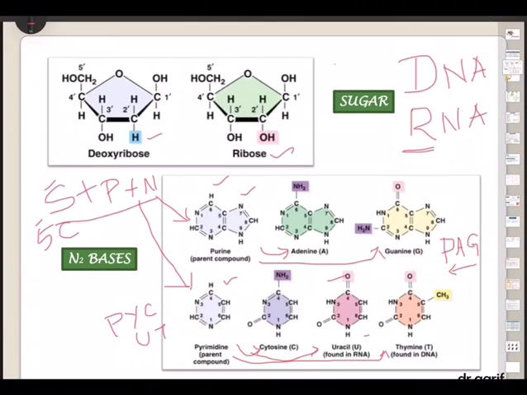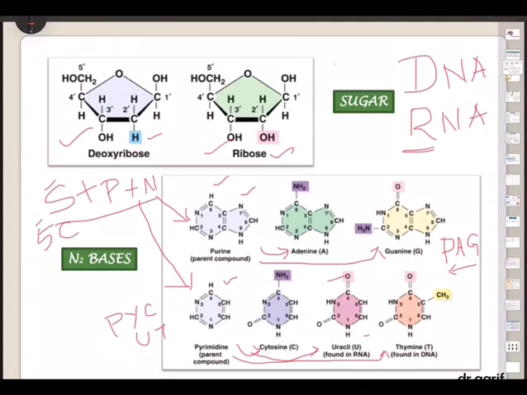You can see carbon 1, 2, 3, 4, 5. So it's a pentose, a 5 carbon chain. At the second carbon, in place of hydroxyl, the O is missing and only H is present. Since O is missing, we say deoxy. D means minus oxygen. Hence deoxyribose. So DNA has deoxyribose, RNA has ribose. I hope you understood the difference.